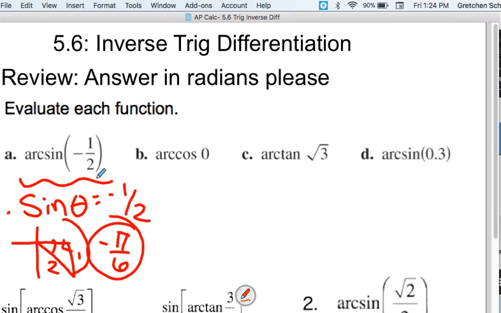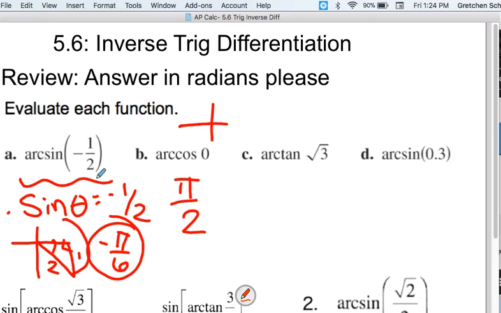So in the next one, we need to know what angle gives us a cosine of 0. So what angle gives you a cosine of 0? π/2. Because cosine, if you think about the ordered pairs, what part of the ordered pair is cosine? Your x.